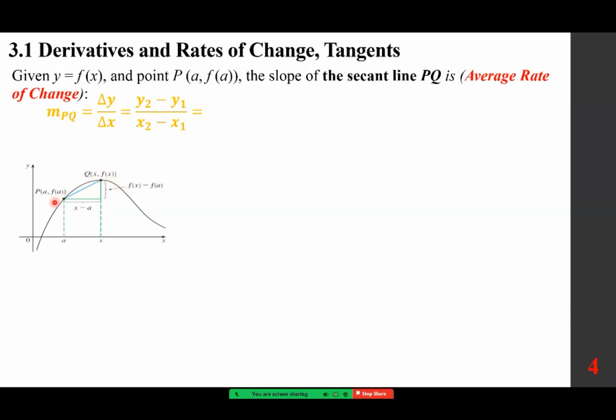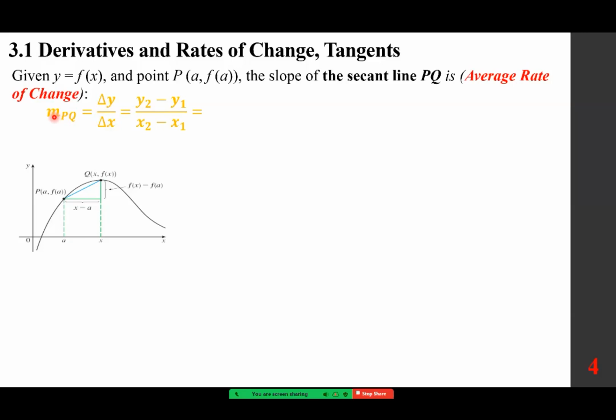Then when we connect the 2 points and continue indefinitely on both sides, we create a line called a secant line, and we can calculate the slope of this line, which is the average rate of change, using the good old slope, rise over run.